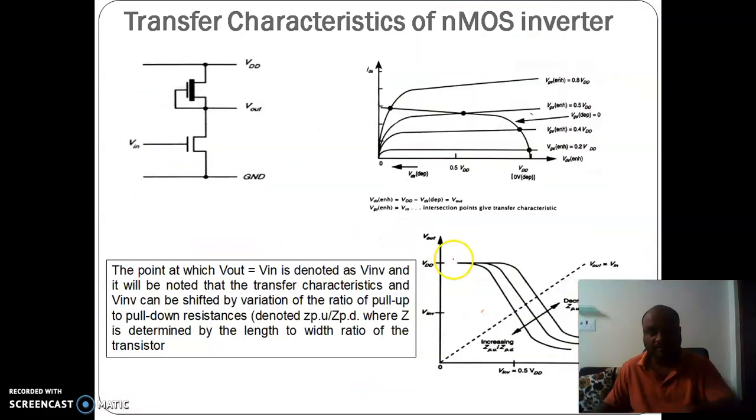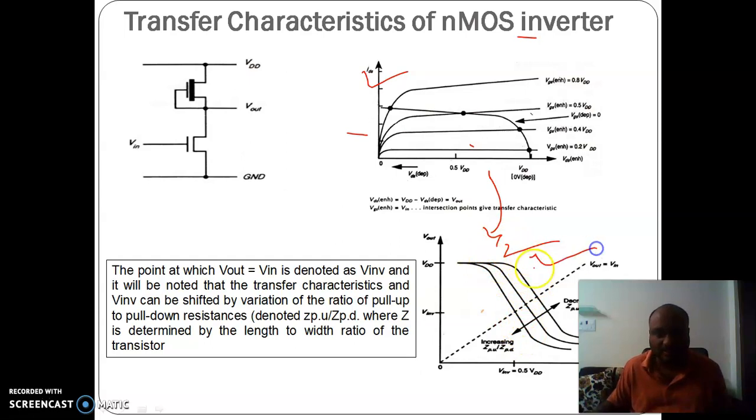Hope that is clear. So the transfer characteristics of an nMOS inverter will look like this. When you separate them, this is the overlapping of both curves, and this one is the exact transfer characteristics.